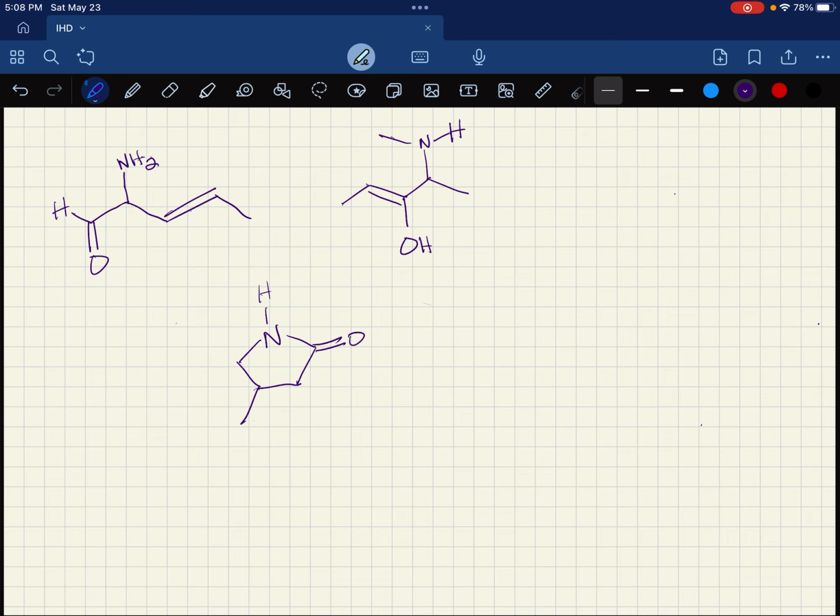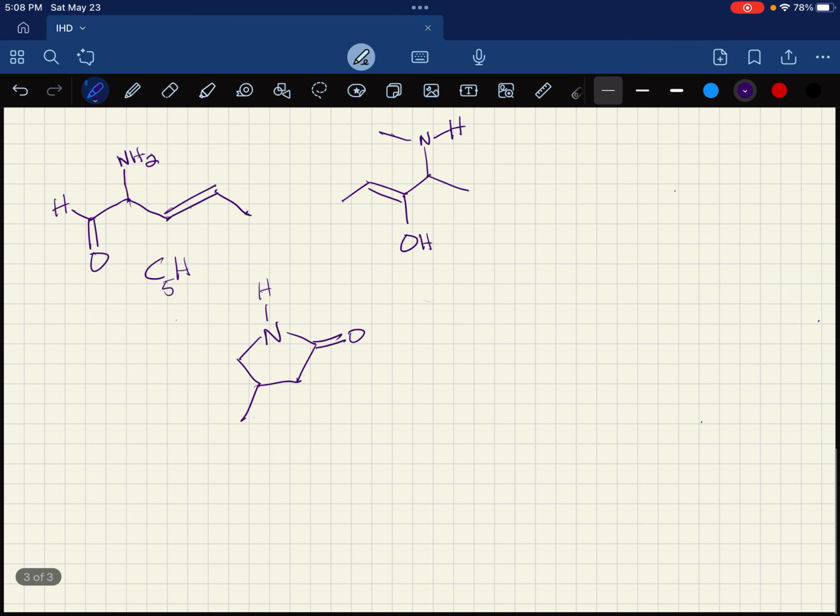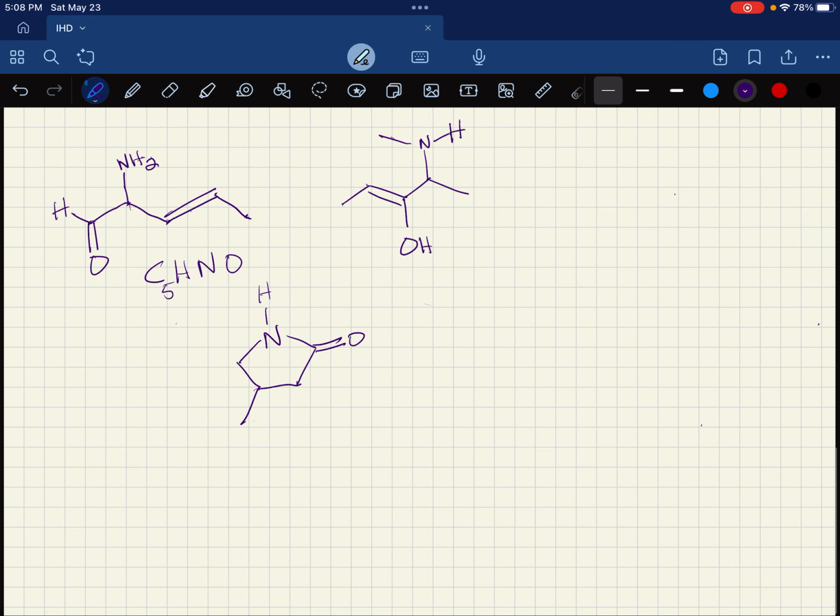a little bit faster. So I've already drawn out a few structures here to do this with. We have 1, 2, 3, 4, 5 carbon atoms. We have some number of hydrogen atoms, which I'm going to count later, but I'm going to use IHD first. And then I have 1 nitrogen and 1 oxygen.